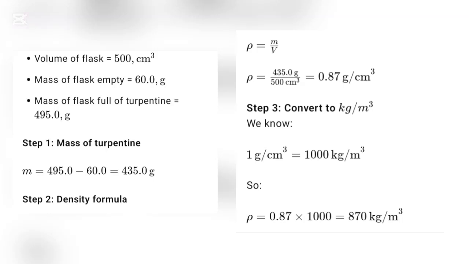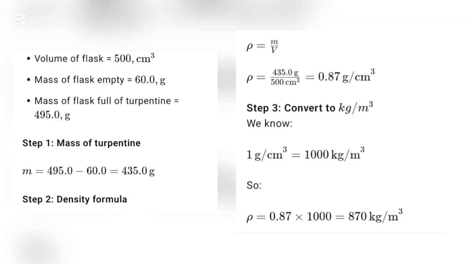Now, to get the mass of only turpentine, we are going to subtract the mass of the empty flask from it. So it's going to be 495 minus 60, which will give us 435. We are looking for the density of turpentine. We will apply the formula: density is equal to mass divided by volume.